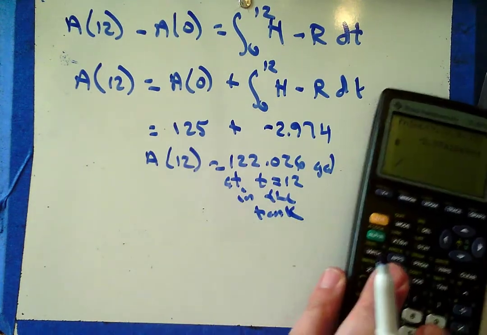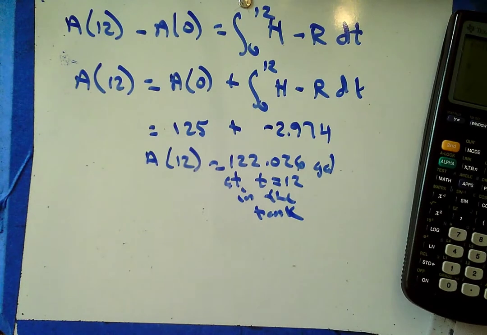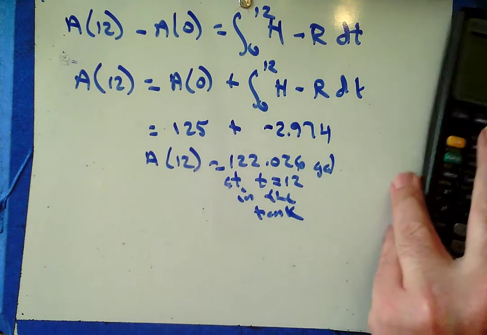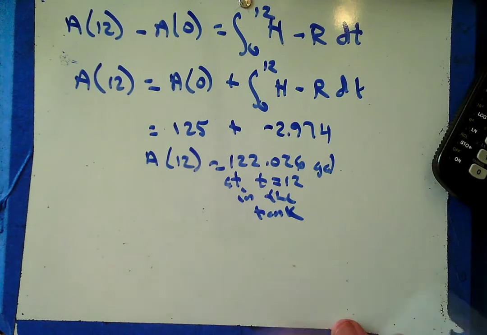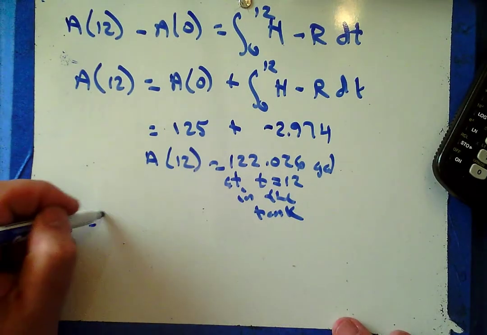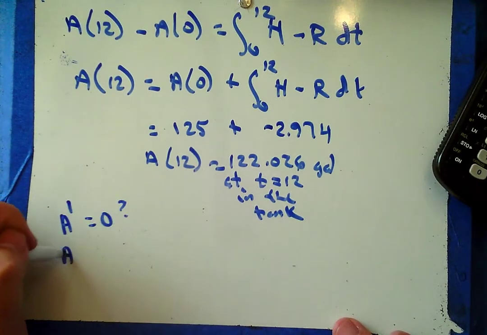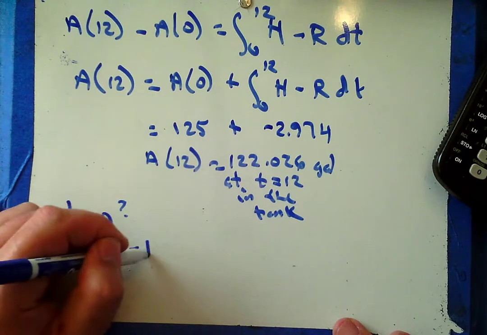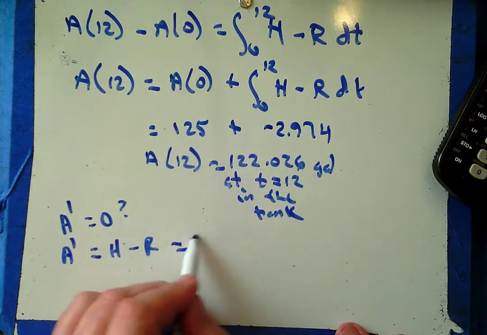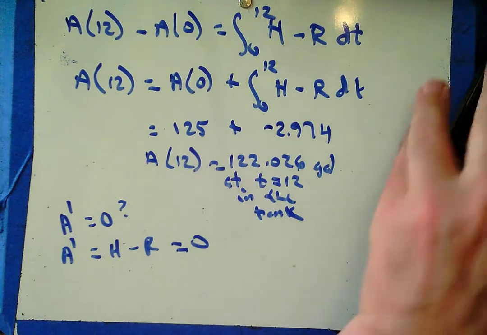Okay, that's part C. What's part D say to us? At what time is the volume of the heating oil in the tank the least? Okay, so I want to know about A prime equal to 0, and we said before that A prime was h minus r, and so I want to know when h minus r equals 0.